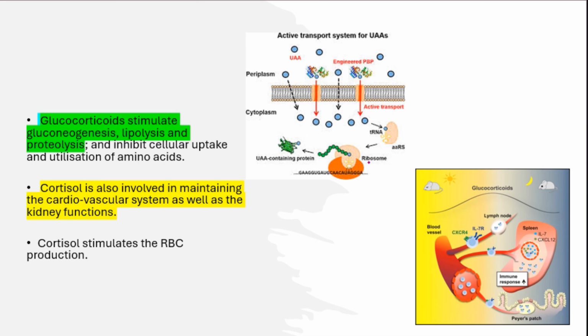Gluconeogenesis in the sense formation of glucose, and lipolysis in the sense the division of lipids, that is fatty acids. The lipids are broken down into fatty acids, and the proteins are broken down into amino acids.